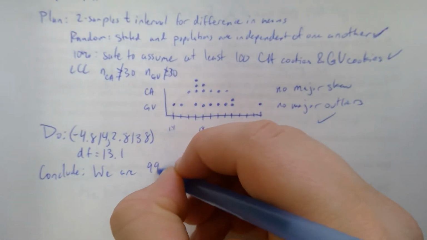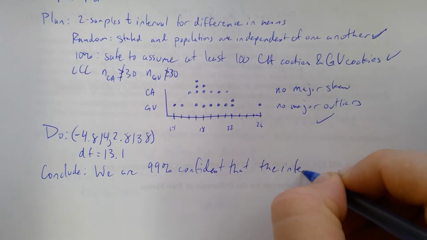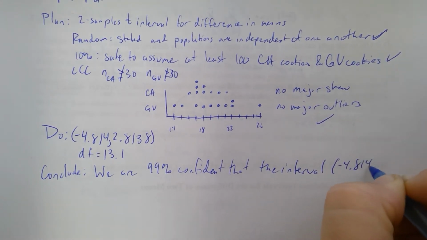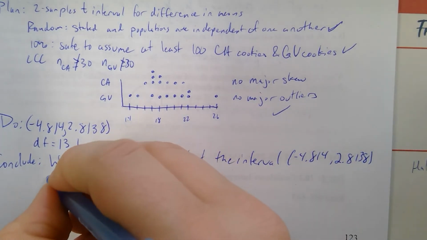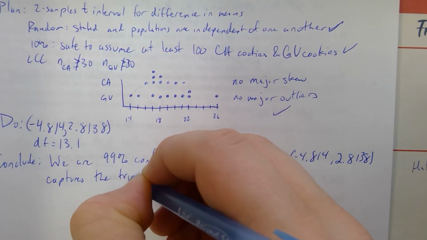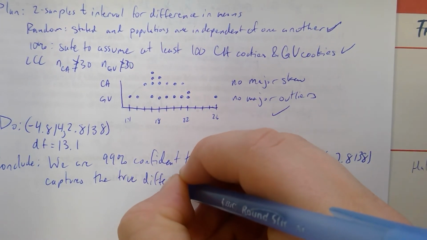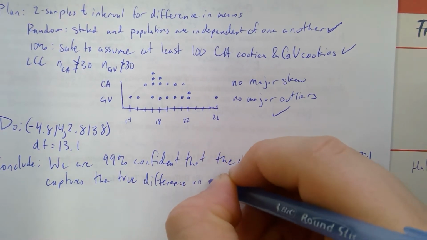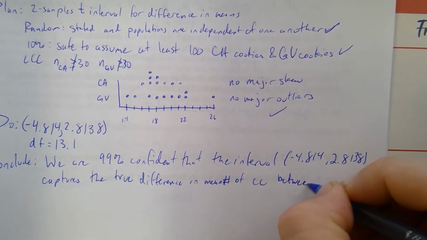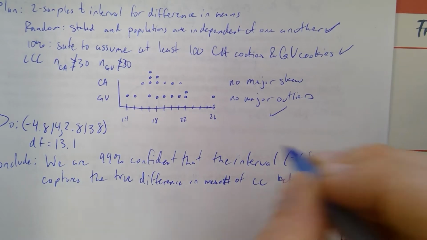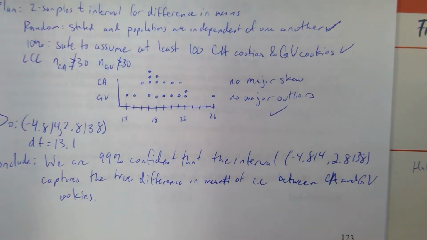We are 99% confident that the interval negative 4.814 to 2.8138 captures the true difference in mean number of chocolate chips between Chips Ahoy and Great Value cookies. Okay.